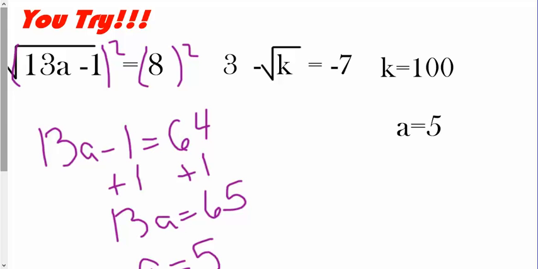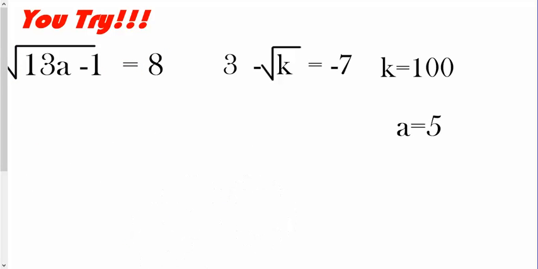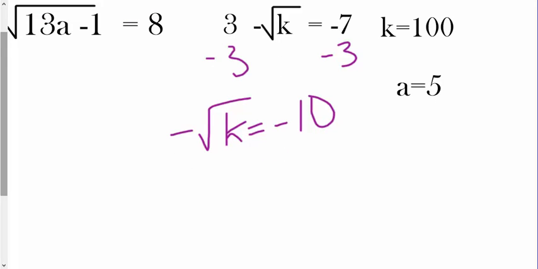The next one, the first step is actually to subtract 3 from both sides, which would give me negative square root of k equals negative 10. And then I can't just square both sides yet. I mean, I could actually, but what I'm going to first deal with is getting rid of that coefficient.